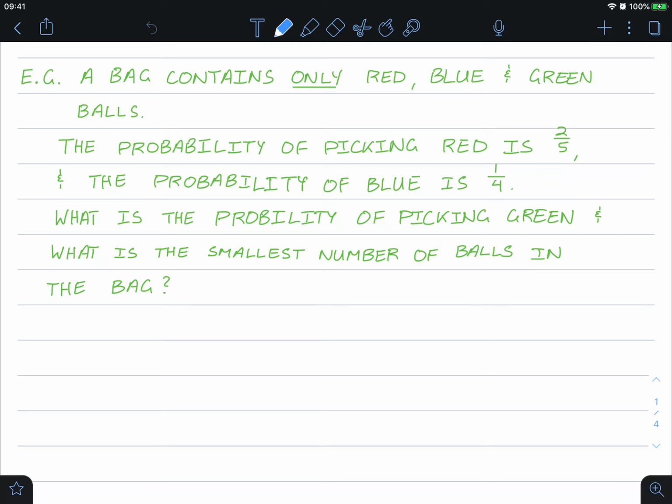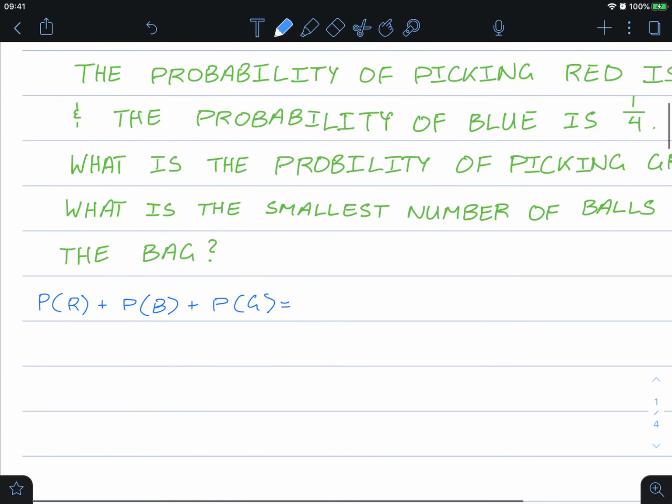Well, since all the outcomes are red, blue, or green, that must mean the probability of red plus the probability of blue plus the probability of green, if we take each probability, they must equal 1 or 100%.